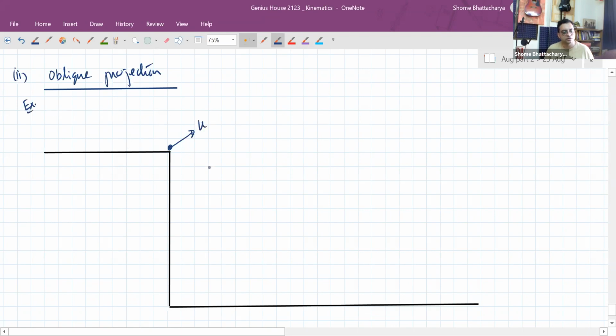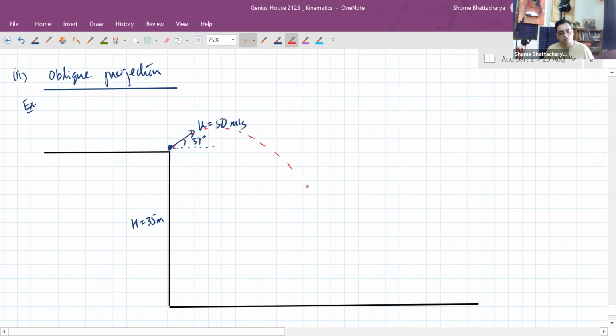Suppose u is, let us say, 50 meters per second at an angle of 37 degrees. Okay. And this height is 35 meters.